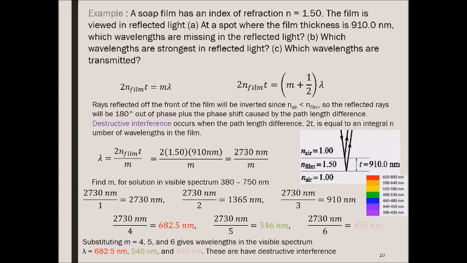So those three wavelengths are the ones that are not visible in the reflected ray, because they have experienced destructive interference. Now if I went to 7, we would get again outside of the visible spectrum.